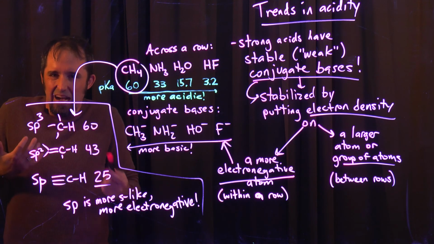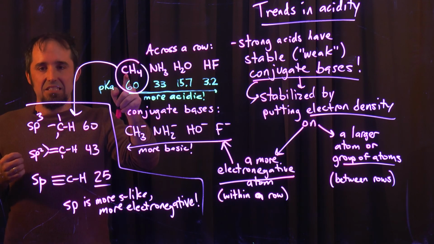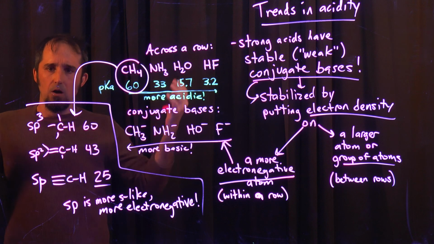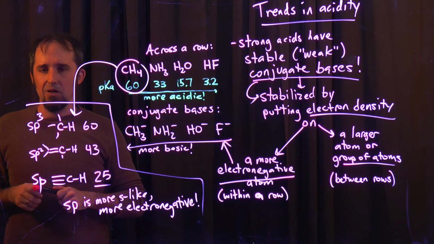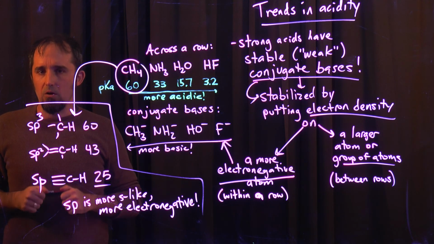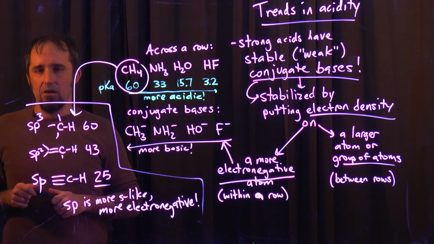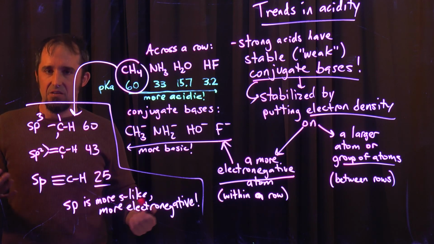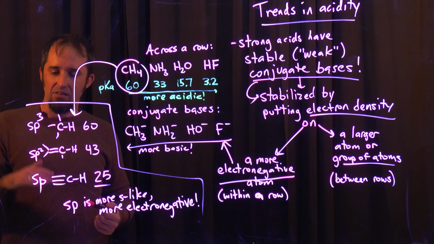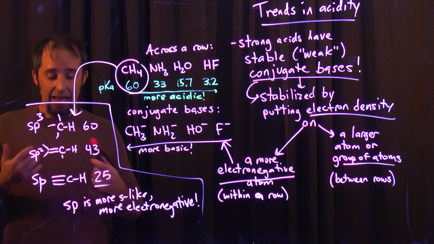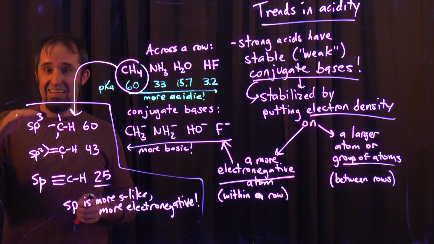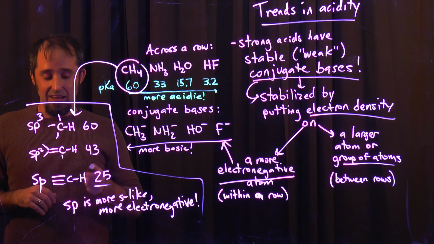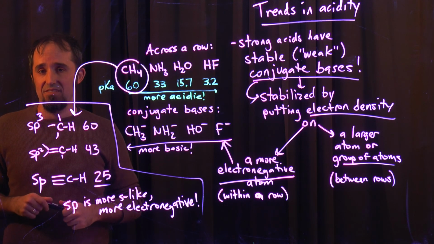We can't really honestly talk about the electronegativity of carbon like it's all carbon, because triple bonded carbon is a fair amount more electronegative than double bonded carbon, which is more electronegative than single bonded carbon. So there is a difference in electronegativity among these hybridized carbons, and so there's a difference in acidity. An sp carbon is quite a bit more acidic than sp2 and sp3.